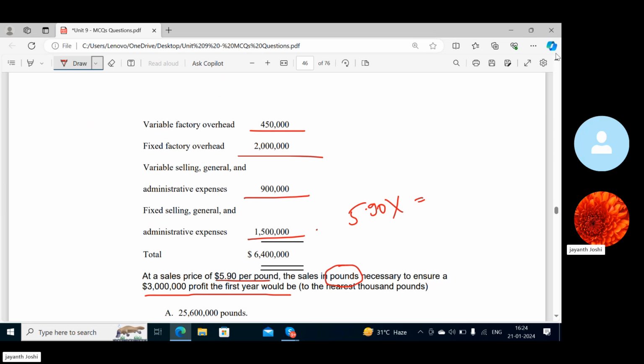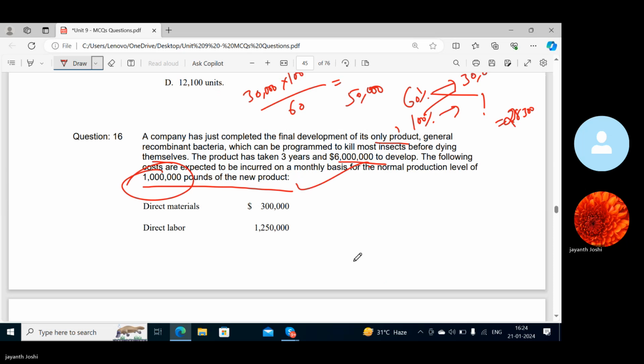We need to find out the profit, so fixed cost plus desired profit we will take, right? Operating income. So fixed cost is how much?